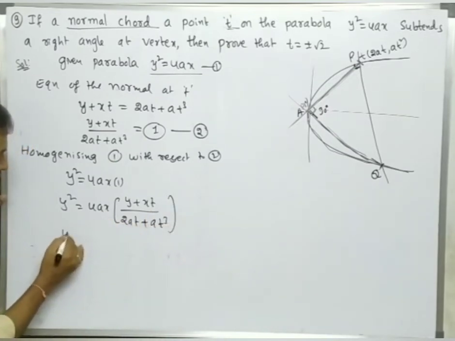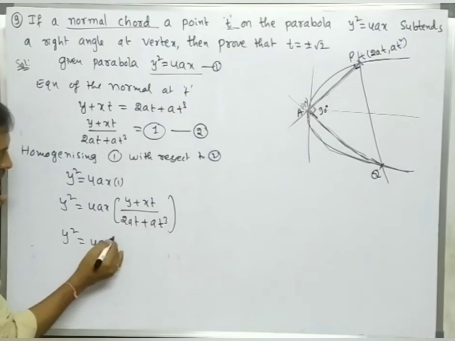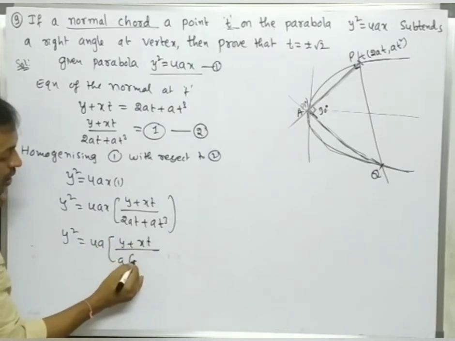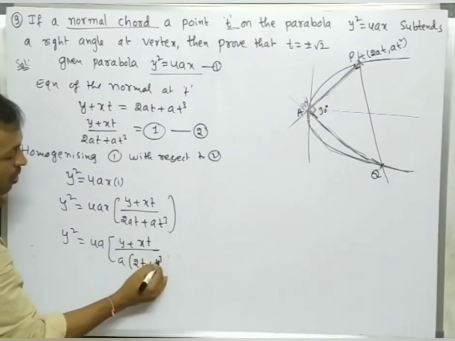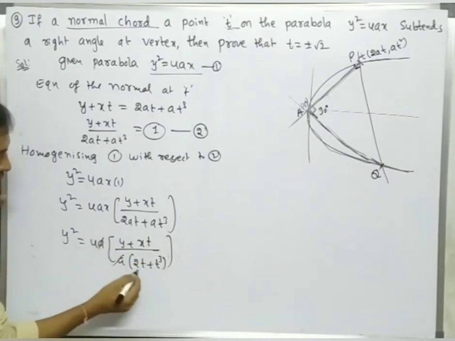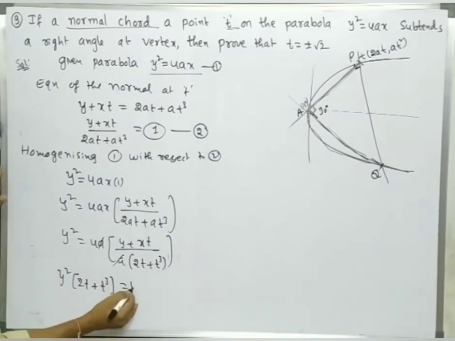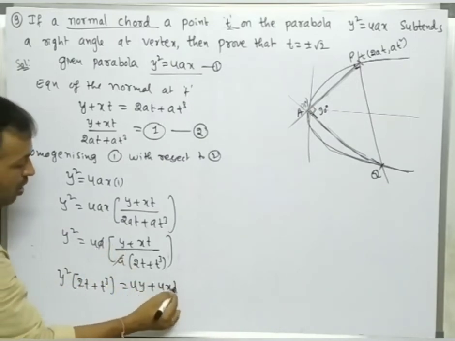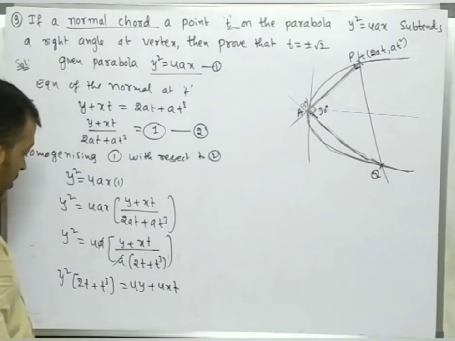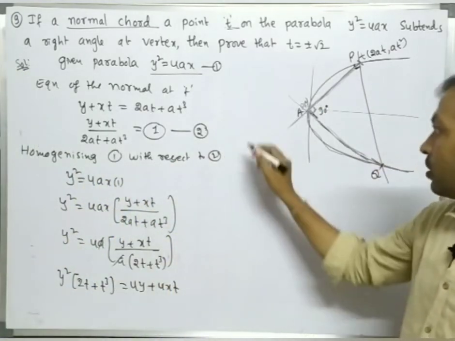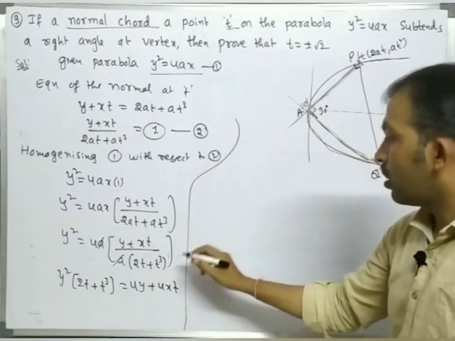Okay, right, now solve this. 4a, what is common in the denominator? a. So 2t plus t cube is remaining. a gets cancelled. Do cross multiplication. y square into (2t plus t cube) is equal to 4 into y, 4y plus 4 into xt, 4xt. Right, next.